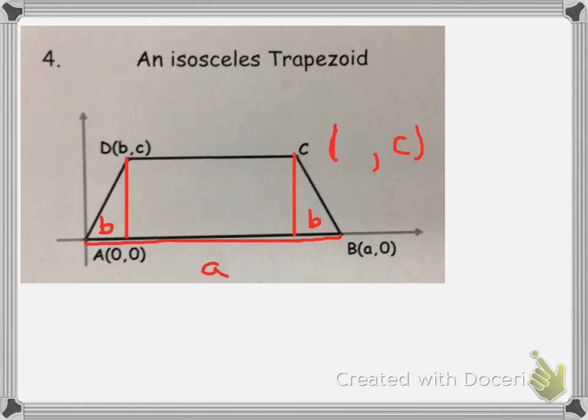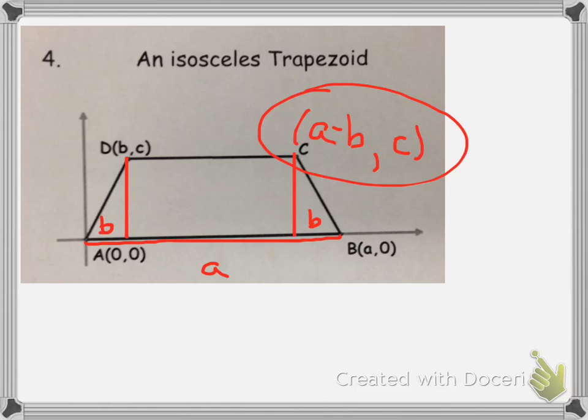So the x-coordinate would actually be A minus B. Okay, so the C coordinate is A minus B and C.